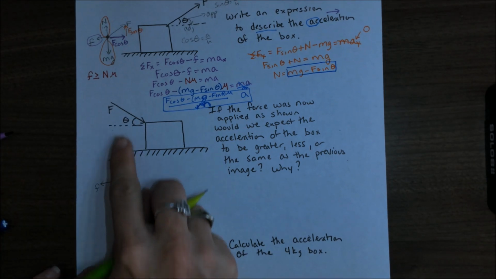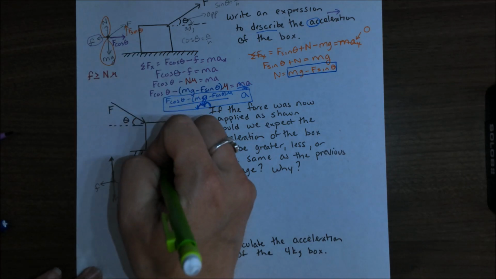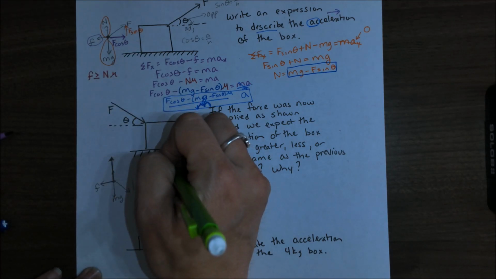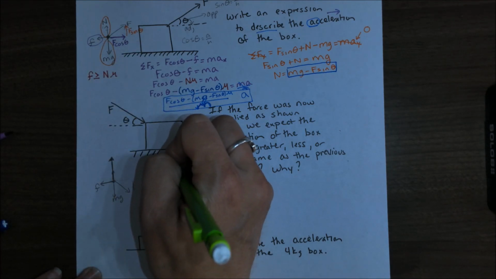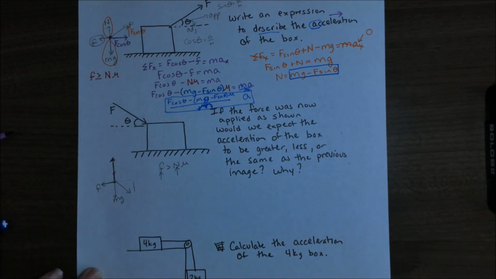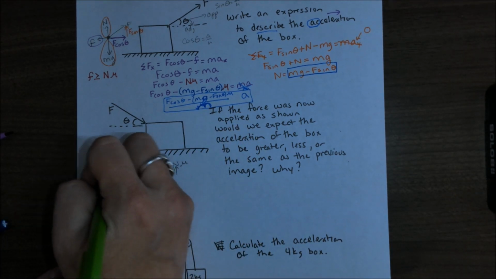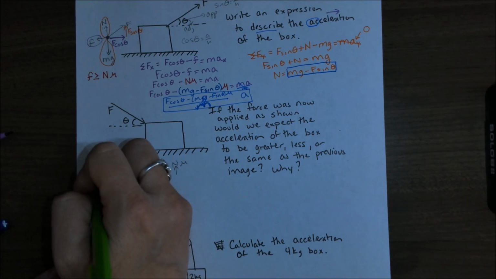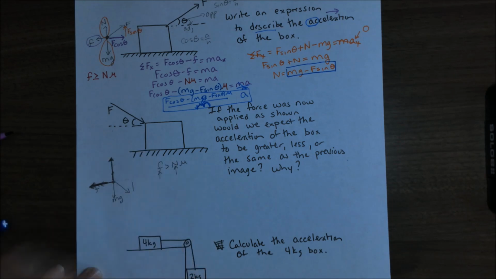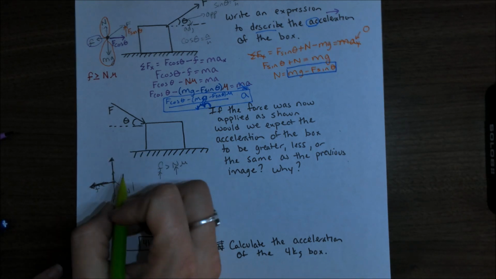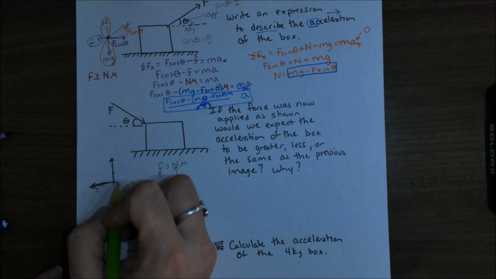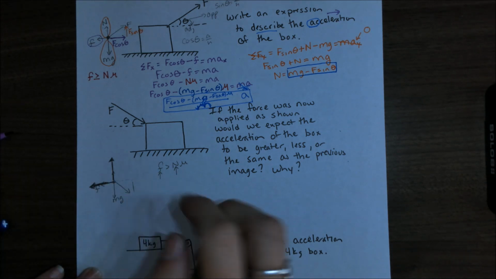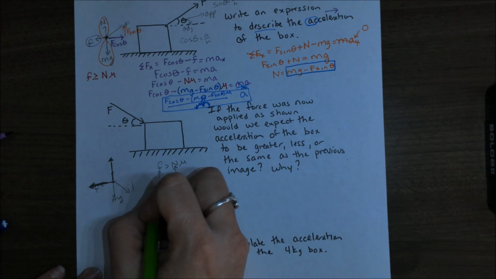Because my normal force becomes larger, and friction is related to that normal force. As my normal force becomes larger, my friction becomes larger. So I actually am going to probably end up extending this out beyond what I had earlier as well. And so this force, by being directed down, has actually increased my friction.